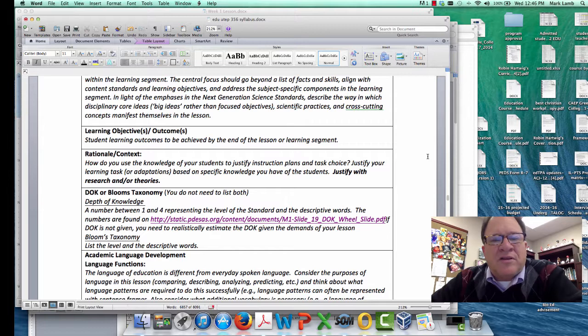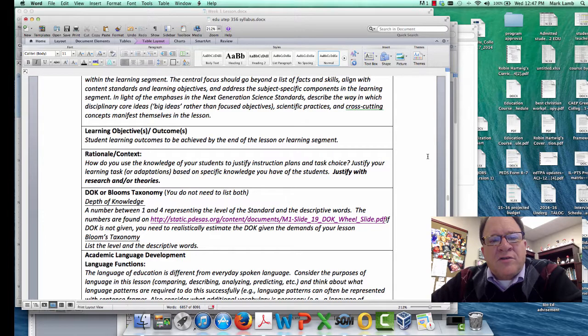The context or rationale of your lesson. Why are you choosing the way you're choosing to teach it? If you can link this to any of the research that we discussed, any of the theorists, this would be a great place to do that.